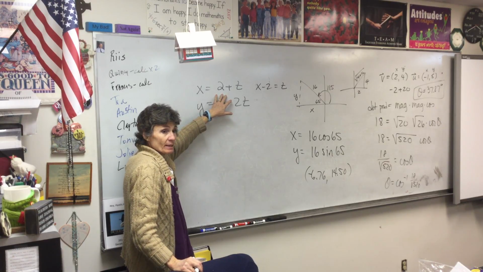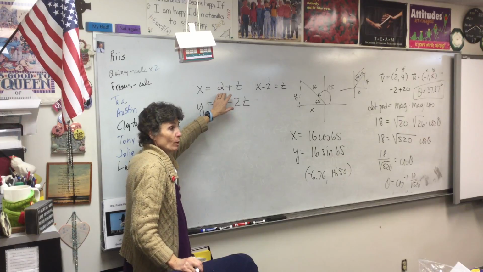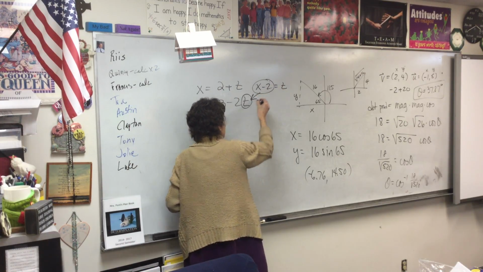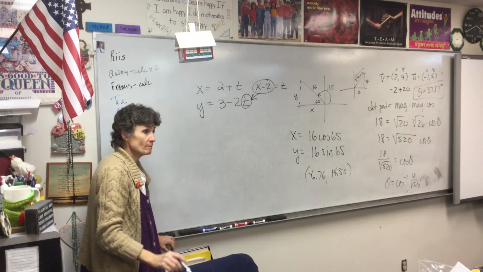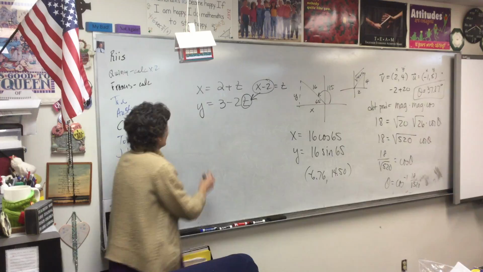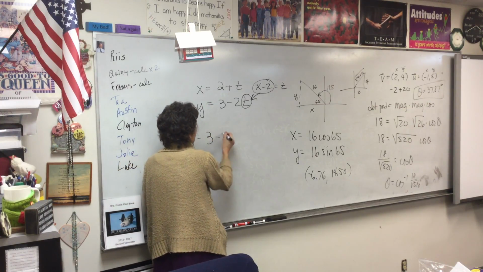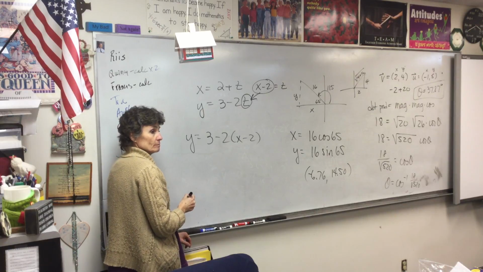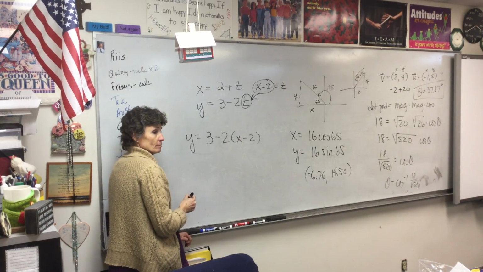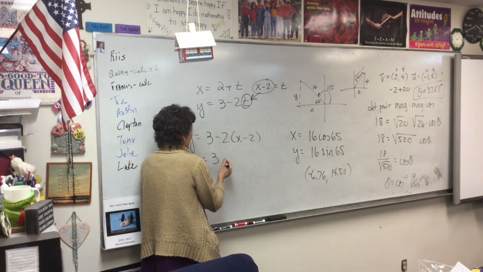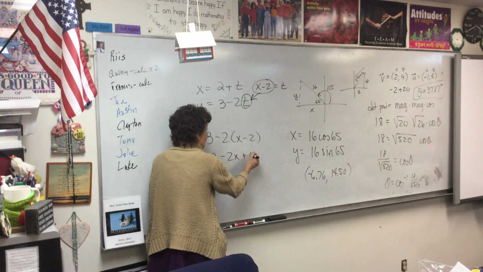Is that okay with everybody? Now that's the top equation. So I'm going to take this and plug it into the bottom equation, doing just straight substitution. So y equals 3 minus 2 times x minus 2. Y equals 3, watch it now, minus 2x plus 4.